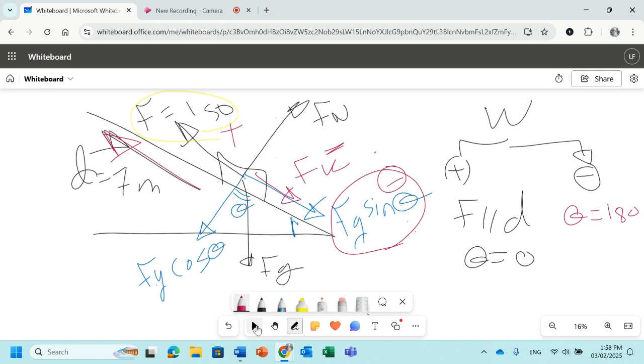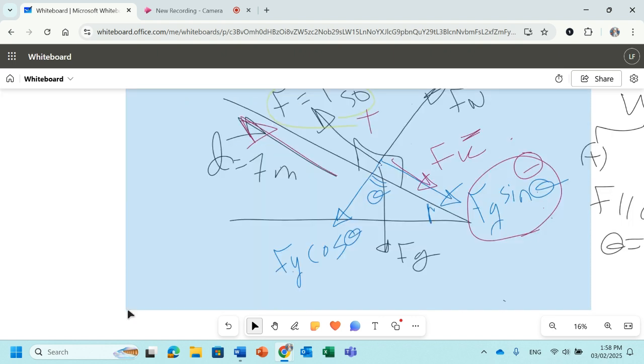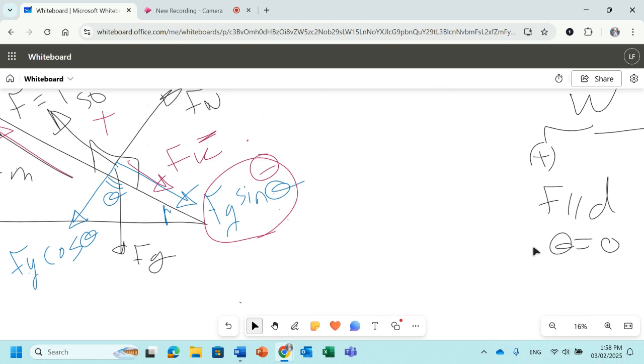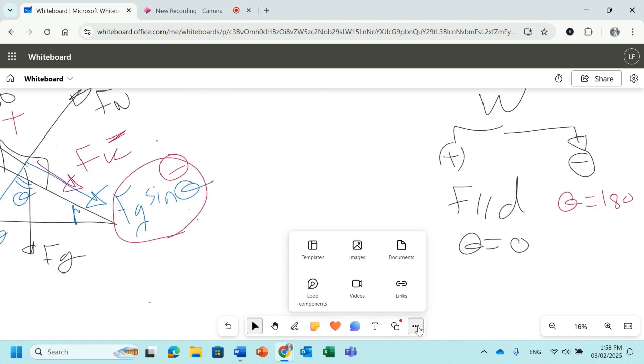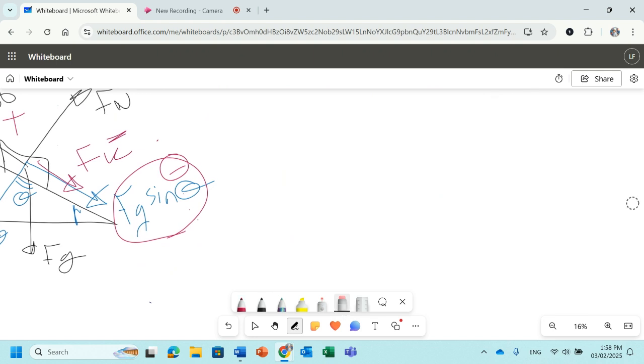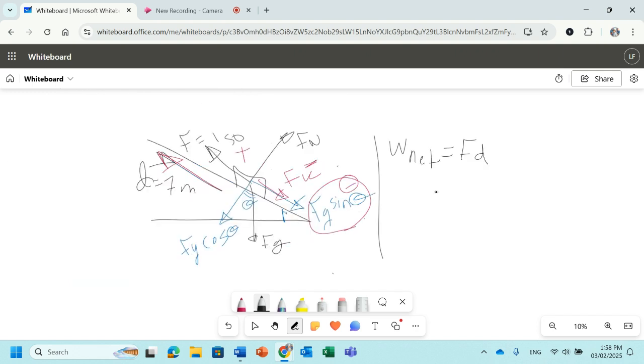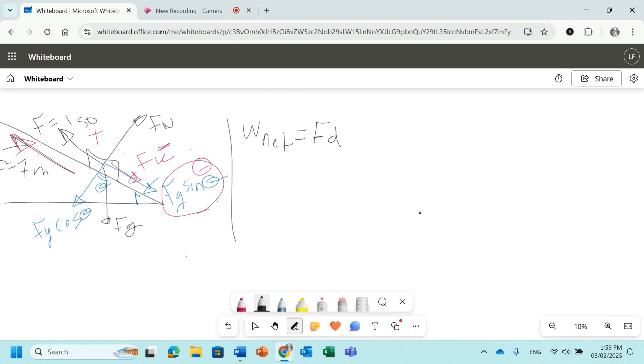So let's rewrite now all my equation. W net equals F times d, minus Fg sine theta times the displacement.